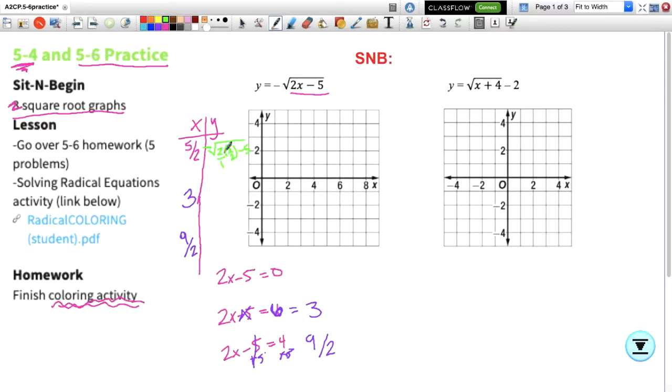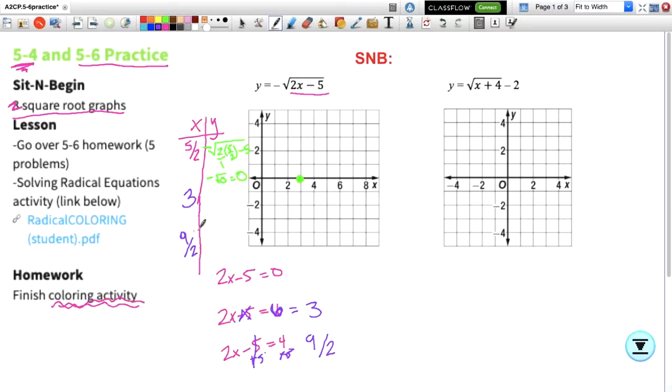So I'll put this over 1. I get 10 over 2, which is 5. 5 minus 5 is 0. So I technically have the negative square root of 0, which is like negative 0, which is just 0. So I'm going to go over 5 halves, which 5 divided by 2 is 2.5. And I'm going to go up 0.